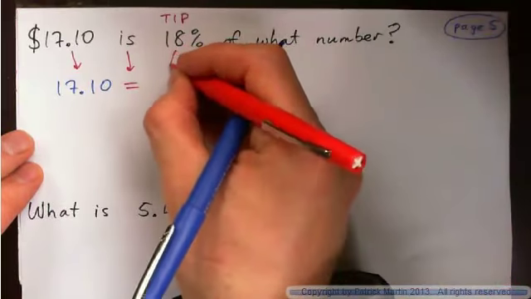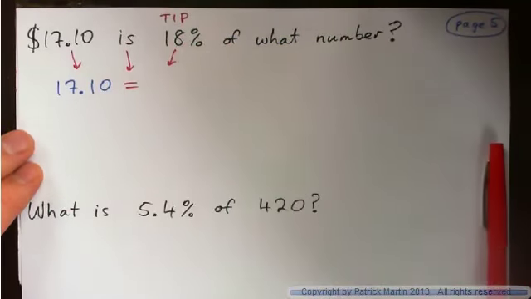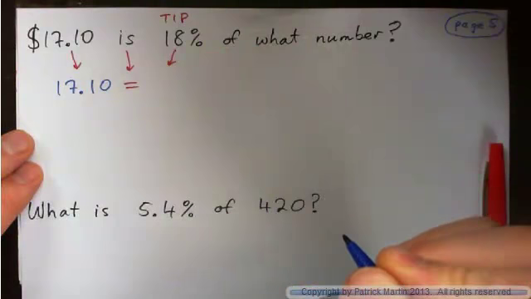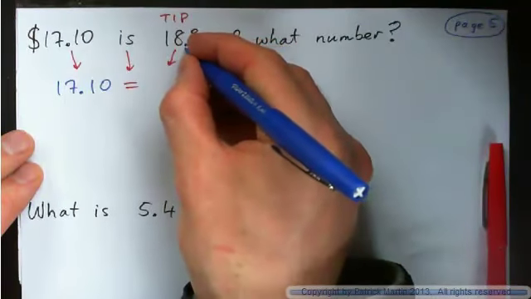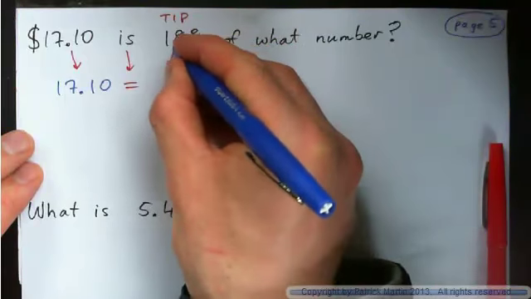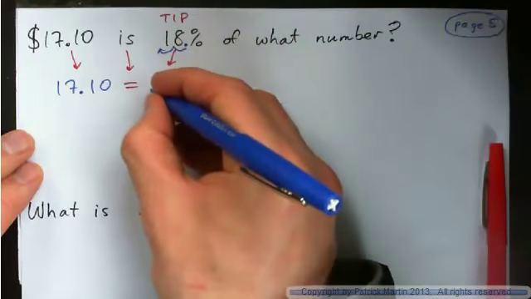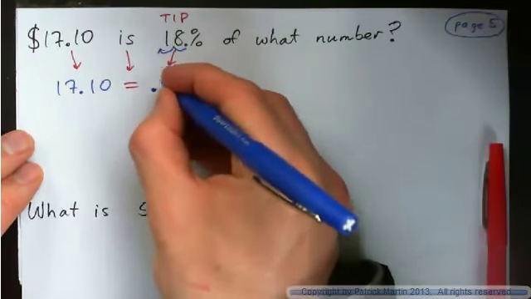How about 18%? What's that as a decimal? 18, the decimal point is here, so I need to move the decimal point 2 spaces to the left, and I get 0.18.